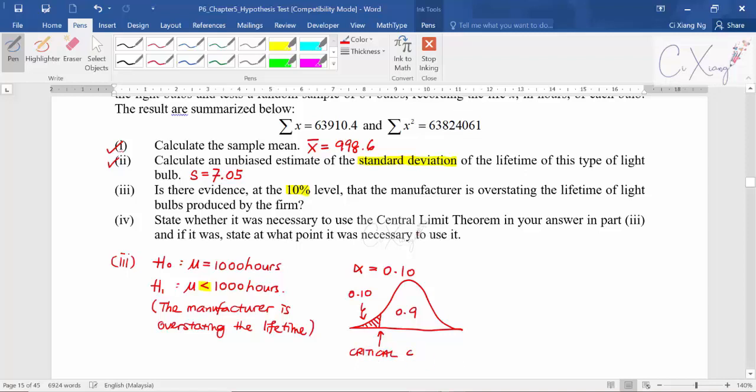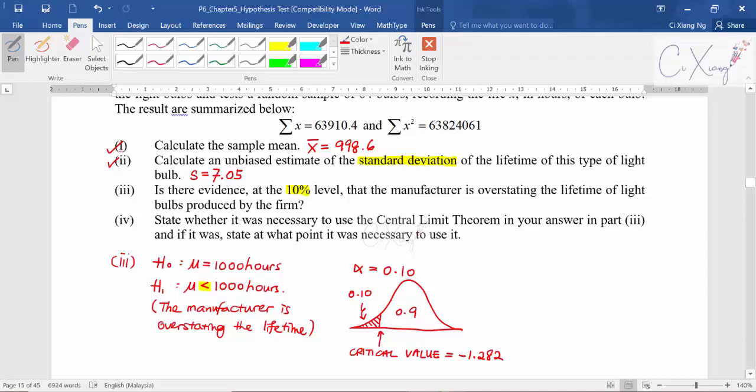From the table, you look for the area 0.9. The value of Z should be 1.282. But because it is on the left, it should be a negative value, therefore it is negative 1.282. So this is my second step.